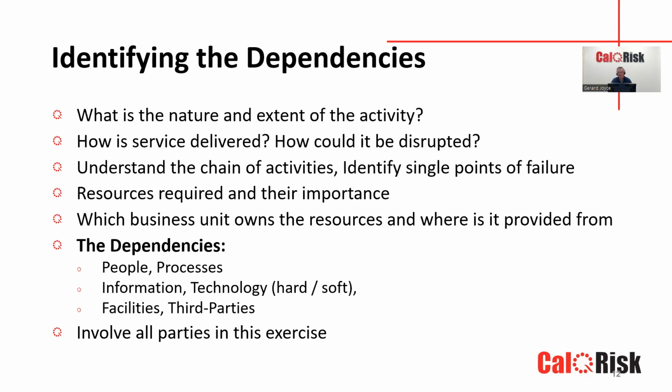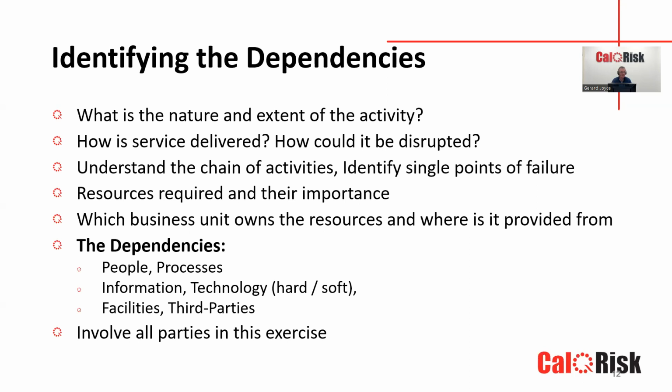Is it just a power thing, unable to provide the service because systems are not available? Is it people that you need? Is it third parties that you need to deliver it? I think you need to understand the chain of activities, and we'll talk about that in a moment, about understanding exactly the steps along the chain to deliver that service.